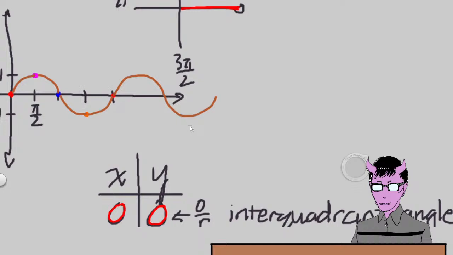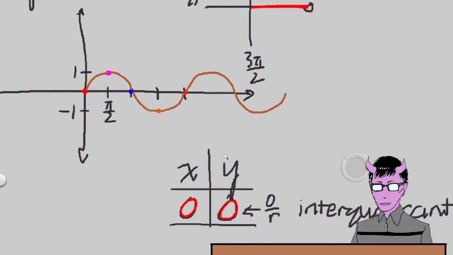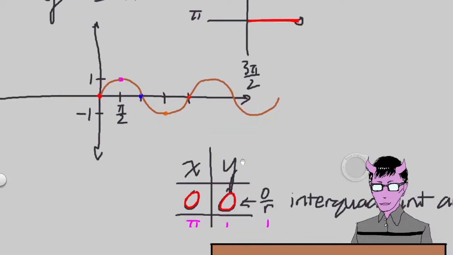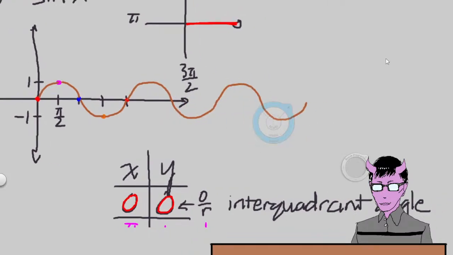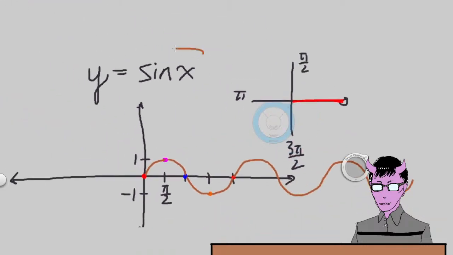And if you continue onwards and onwards, I'll just copy, hold on. You get the exact same thing. So that's why we talk about the periodicity of this particular trig function.